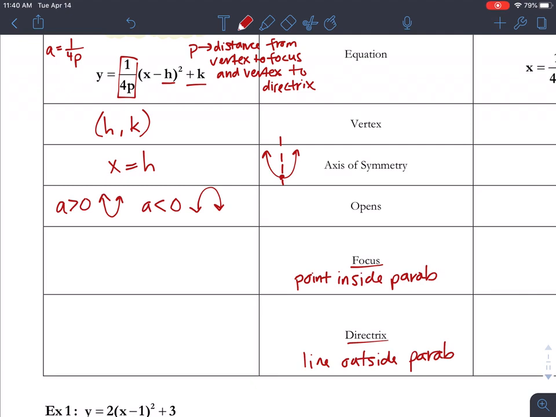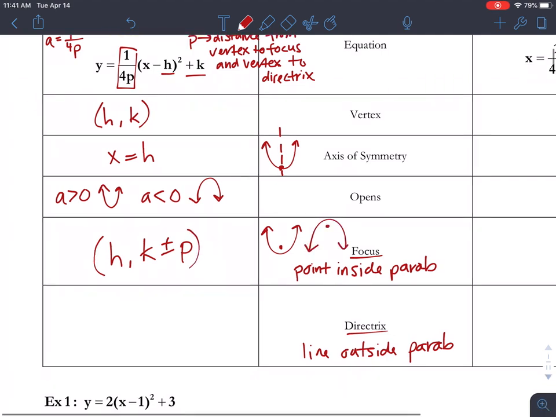How do we find it? Well, if it's a point, it's going to have the same x value as the vertex, but the y value is going to shift up or down by p. So it's either going to look like that, or it's going to look like this. I don't really use the equation, I usually just visualize, so stay with me here.